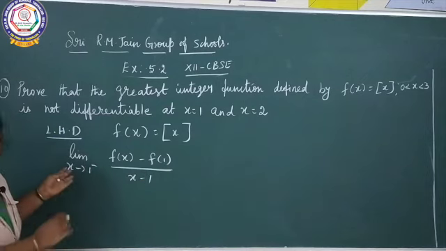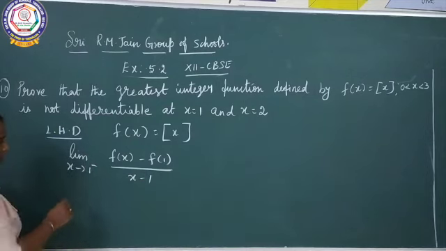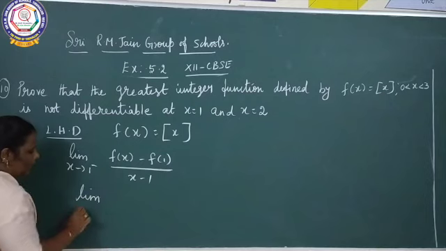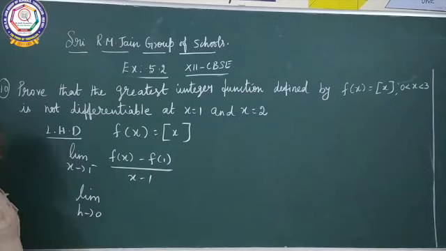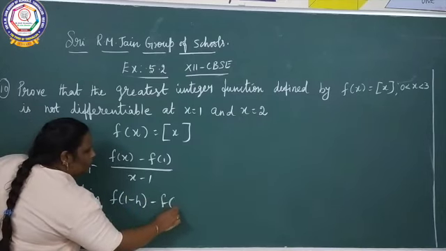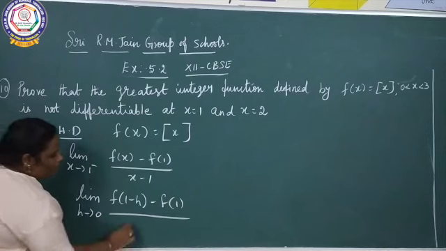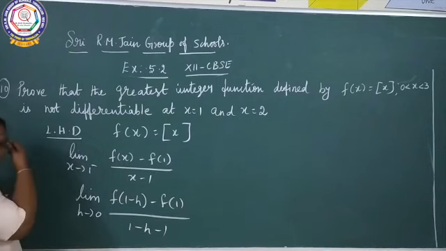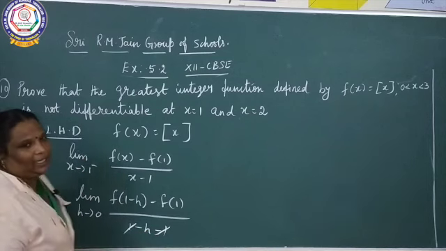Then I change into h tends to 0. Limit h tends to 0, left hand limit, what do we have to write? f of 1 minus h minus f of 1 by 1 minus h minus 1. Plus 1 and minus 1 get cancelled.